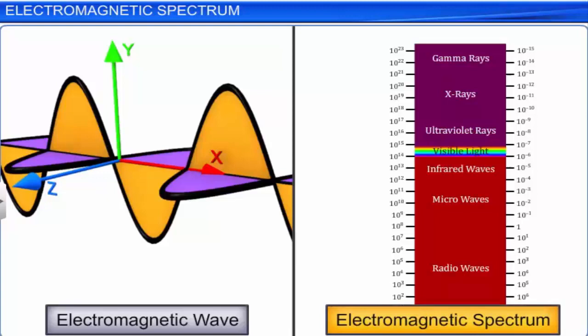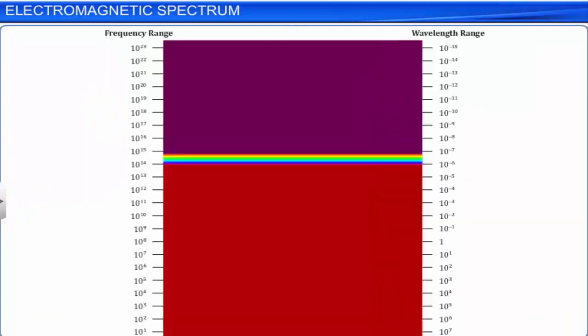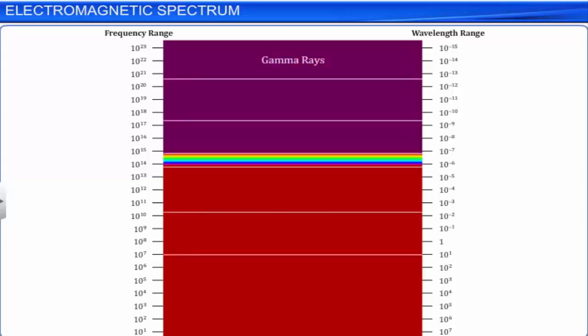The electromagnetic spectrum broadly contains 7 different kinds of electromagnetic waves. In the increasing order of wavelength, the waves are gamma rays, X-rays, ultraviolet rays, visible light, infrared waves, microwaves, and radio waves.